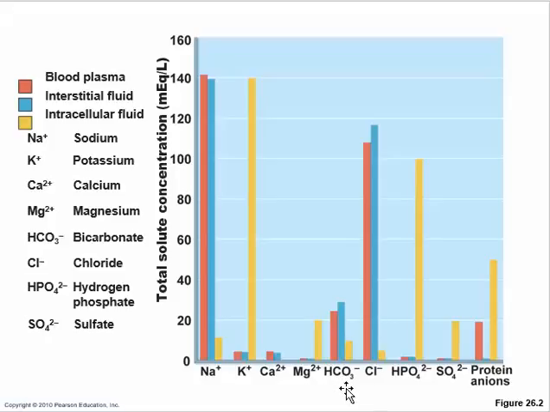HCO3, which is bicarbonate, is high outside and still relatively high inside. This is when we take CO2, carbon dioxide, and mix it with H2O, we get H2CO3, which is carbonic acid, and that dissociates into HCO3, bicarbonate, and hydrogen ions.